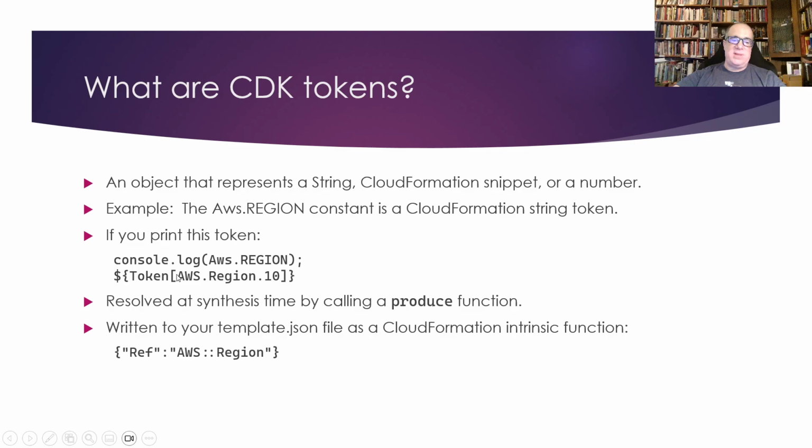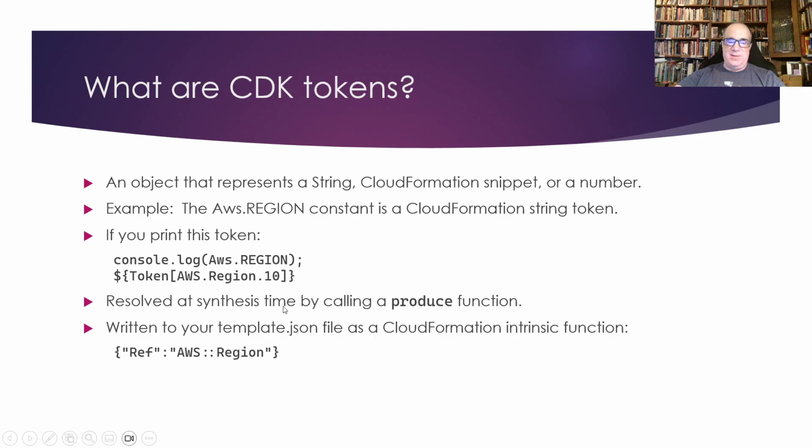The part where it says aws.region in the token is the hint. It gives you some idea of what this token represents and what it will be resolved to. And the 10 just says that this is the 10th token that has been created, and therefore that's where we need to look in the resolution table, and that's CDK internal.